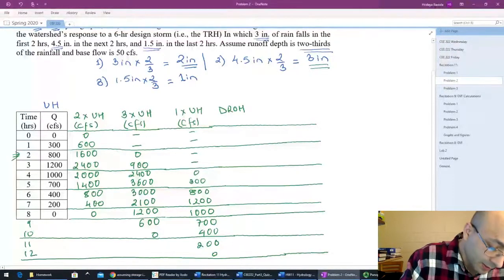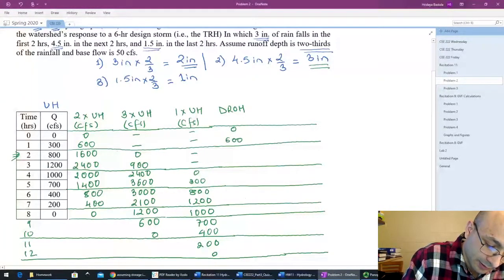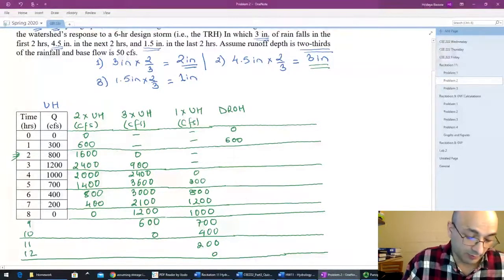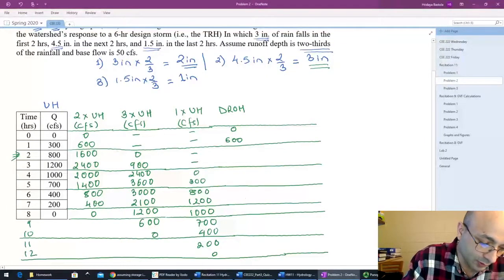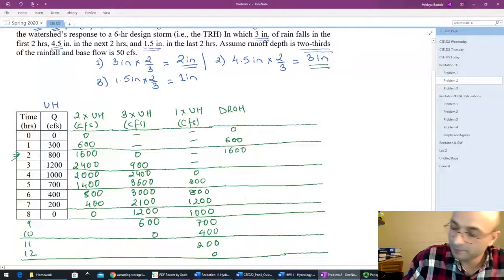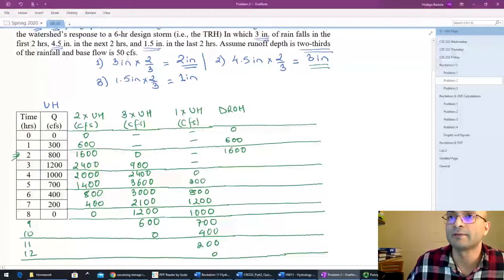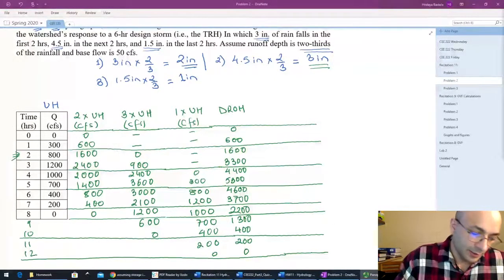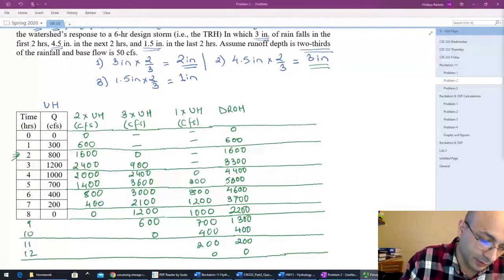So 0, 600. There's no contribution from the second or third 2 hour storm events. 1600, and similarly we can fill out the rest. So let me do that. Okay. So I've added the contribution from those 3 storm events.